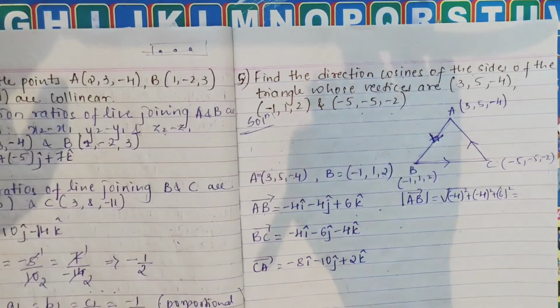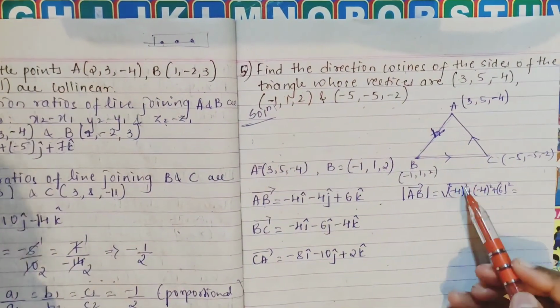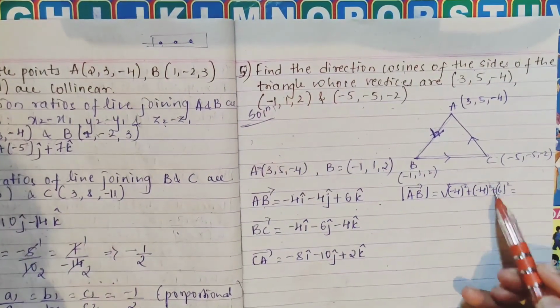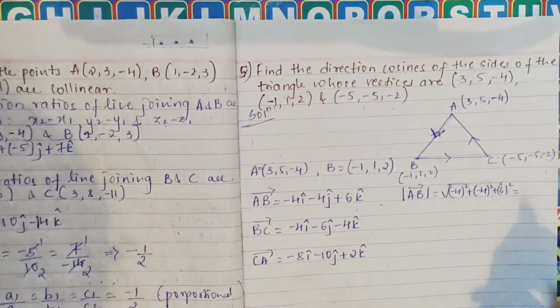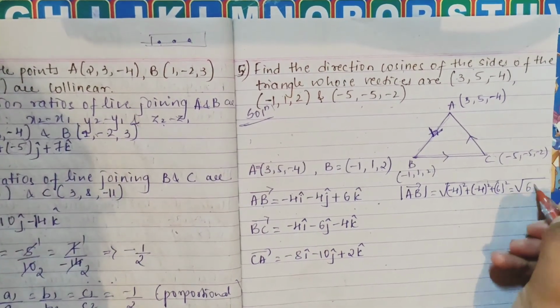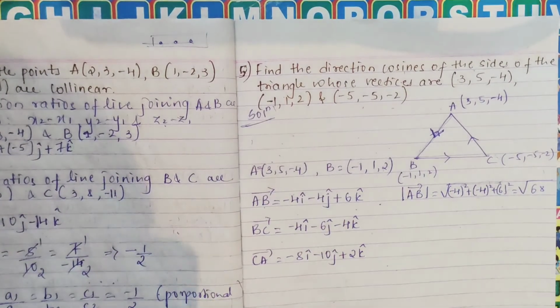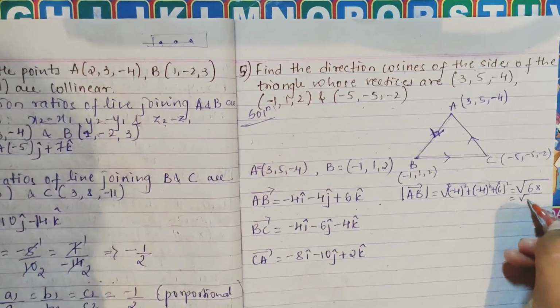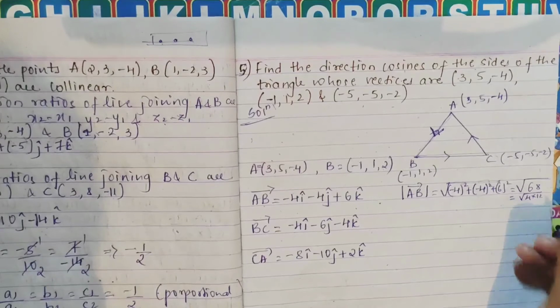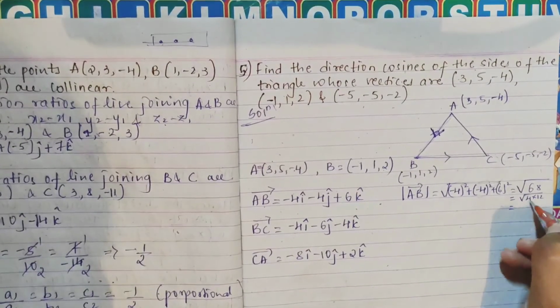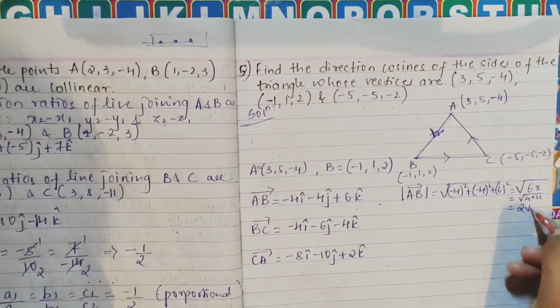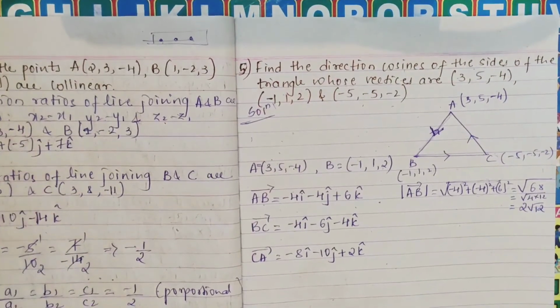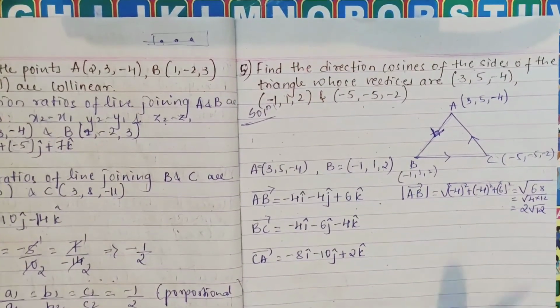When you calculate, 16 plus 16 plus 36, you will get root 68, and root 68 you can split into 4 into 17. So you can take 4 out, and your magnitude will be 2 root 17.